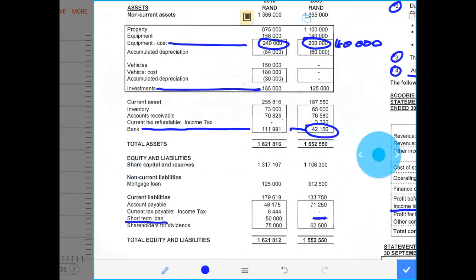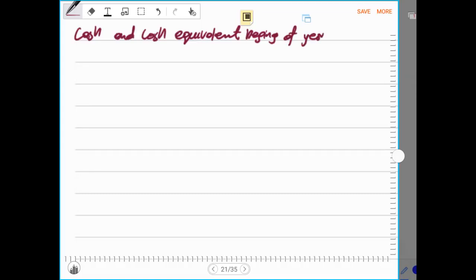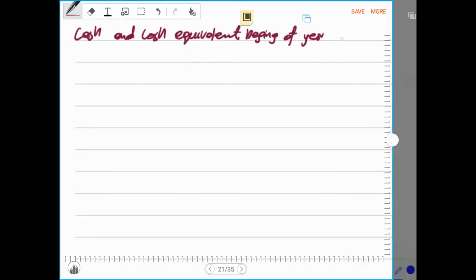So now we say cash and cash equivalent beginning of the year. This is a continuation of the last part. Our opening balance at the beginning of the year is 42,150, and it's an increase because it went up.